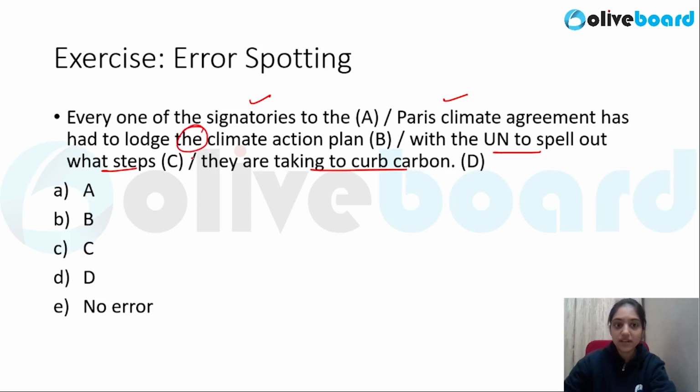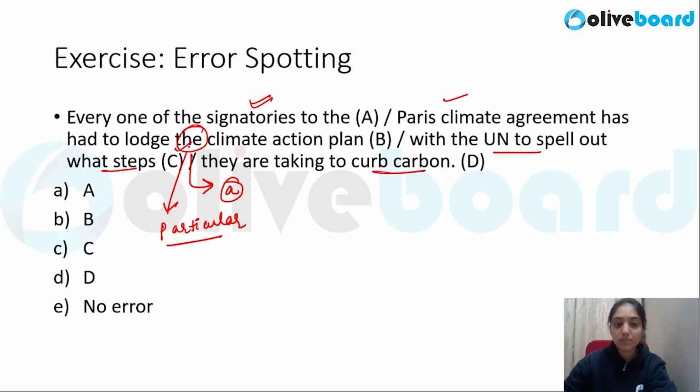Now, this the here is incorrect. Why? This must be replaced by a first. Let us understand why the is incorrect here. The is used to indicate a particular thing. This we have discussed in one of the previous videos. Now, here if you were to notice, these signatories are taking individual steps to curb carbon emission.